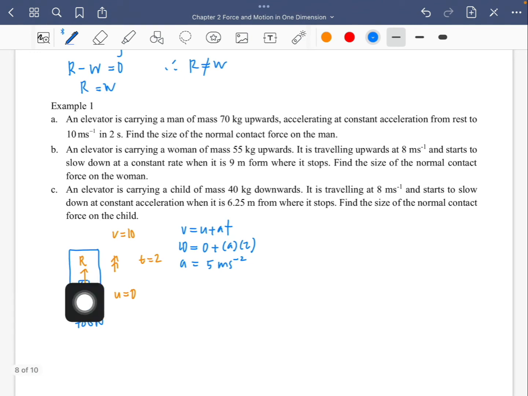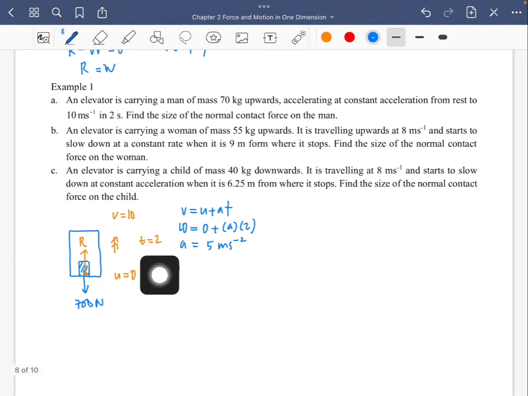The motion of the system is upward, so I assume upward is positive for easier calculation. R is positive because the normal reaction force is acting up, in the same direction as the motion. So in our equation it will be positive, and the weight is acting in the opposite direction of motion.